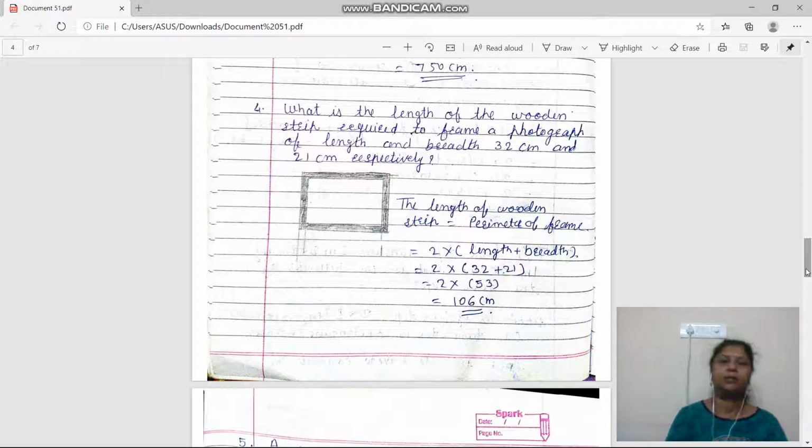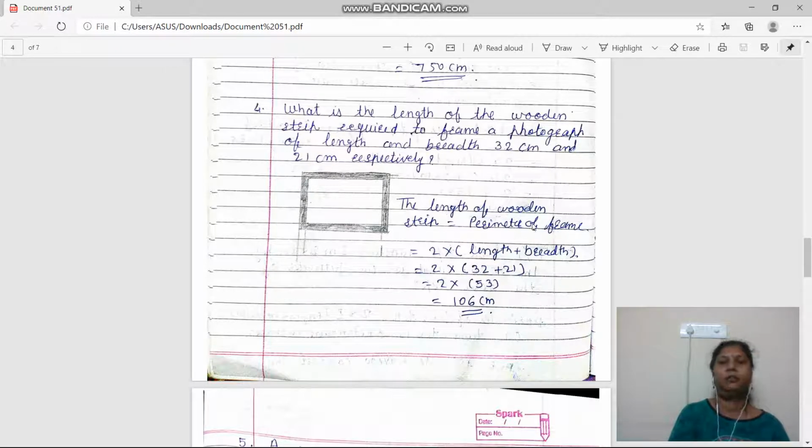A photo frame is always rectangular in shape, mostly 99%. Sometimes it is a different shape, but most of the time it is rectangular. So we can measure its perimeter. Length and breadth are given. Second thing, both are in the same unit, centimeter. So it is easy for us. So let's start.